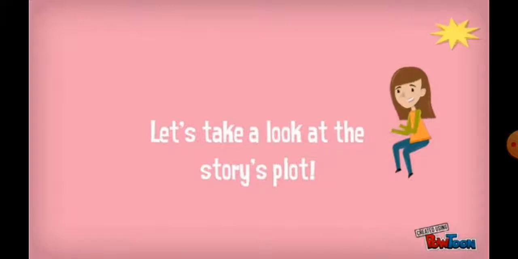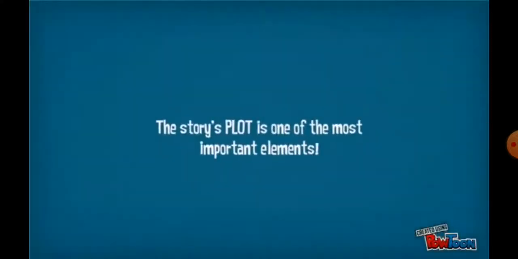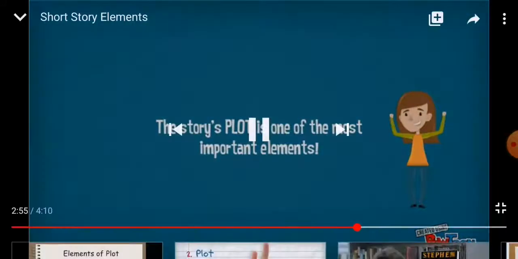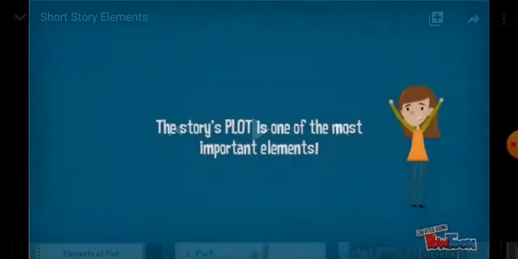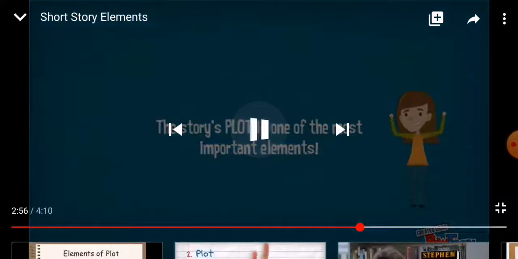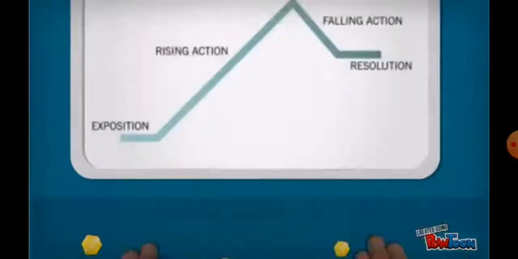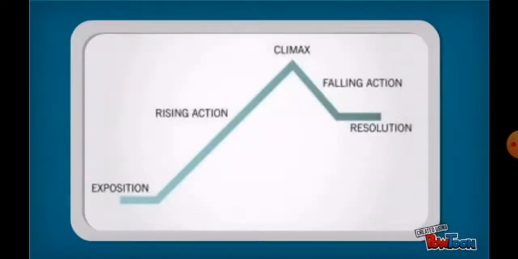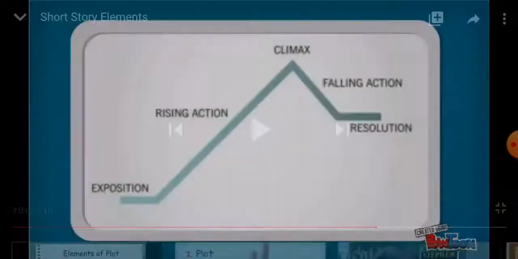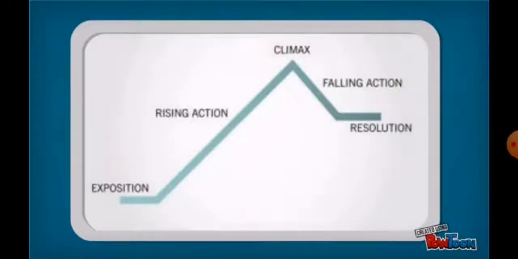Now we're gonna move to the plot. Actually, the plot is one of the most important elements which we're gonna have, okay? The plot always moves from the exposition, rising action, climax, up to the top of the pyramid, falling action, and resolution.